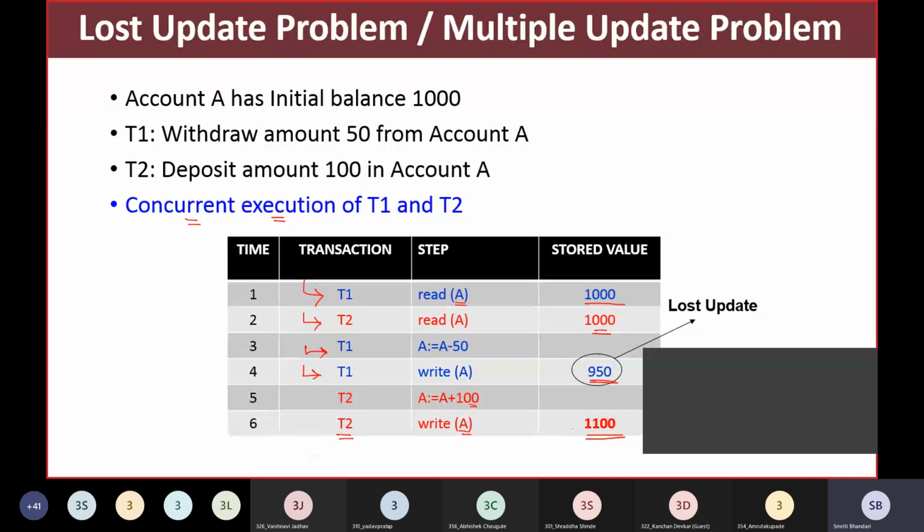We have lost one of the updates that was carried out by T1, or we may say that there is a multiple update problem, right? So the same account has been updated multiple times, and that is why one of the updates was lost. So if these two transactions T1 and T2 are concurrently executed in a wrong way, then we may face this problem of lost update, right?